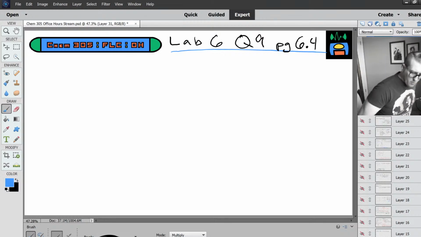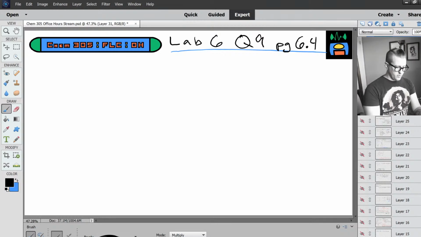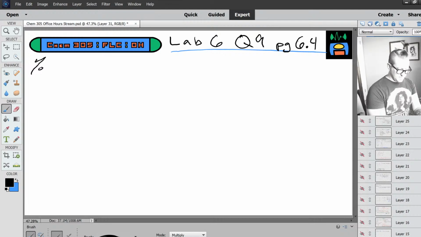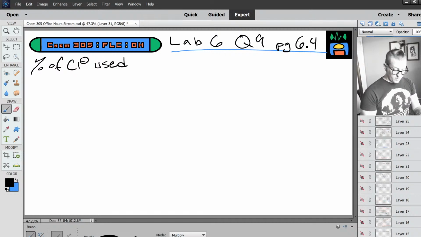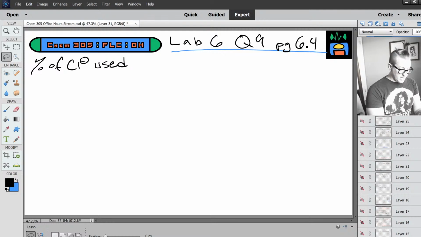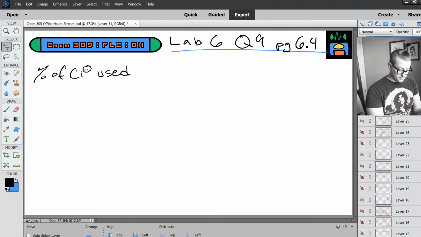Okay, so they want to know the percent of chloride ions used. All right? They want to know the percent of chloride ions used in this chemical reaction.